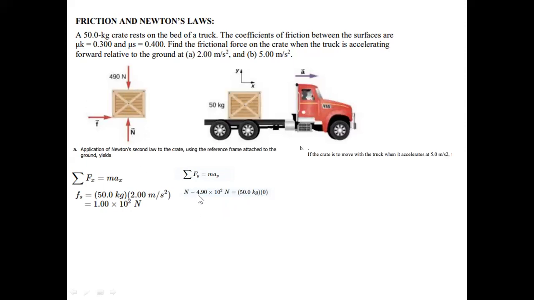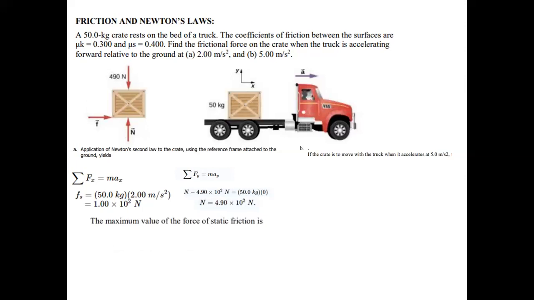Now, this is N minus 4.9 times 10 raised to 2 newtons is equal to 50 kilograms times 0. Our acceleration here is 0 because the crate doesn't move vertically. It moves only horizontally. Now, if we further simplify this, N is equal to positive 490 newtons.